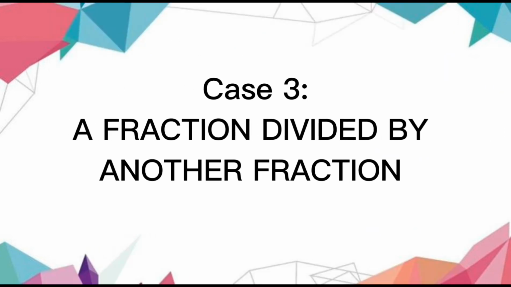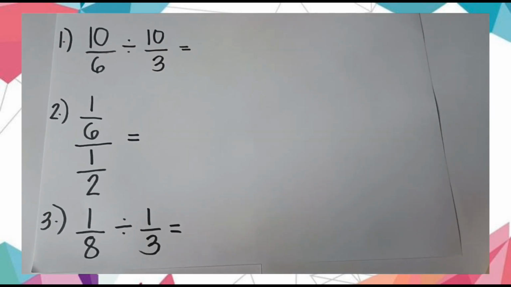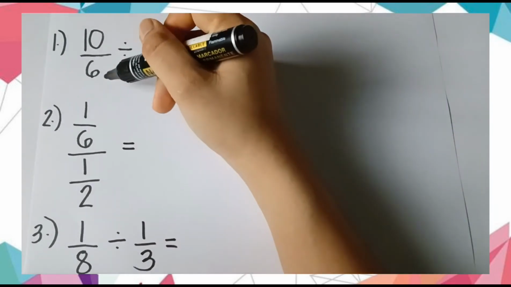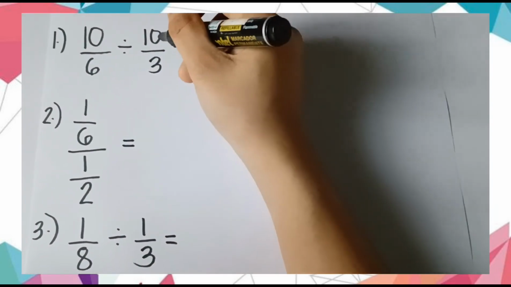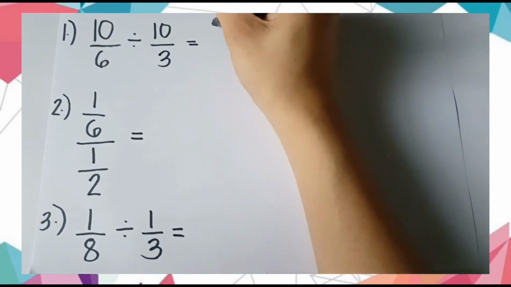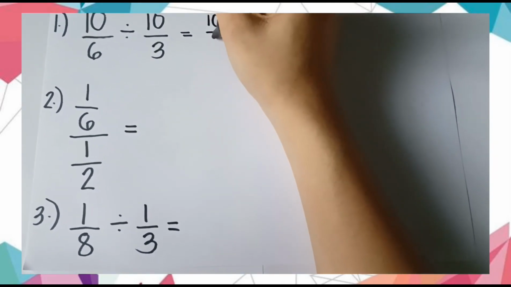So let's have the last case, case number 3, a fraction divided by another fraction. Let's take a look at the following examples. There are 3 examples. Number 1, 10/6 divided by 10/3. As you can see, it is 2 fractions.